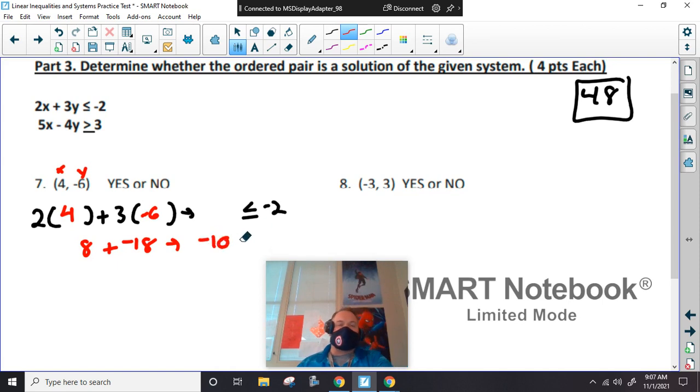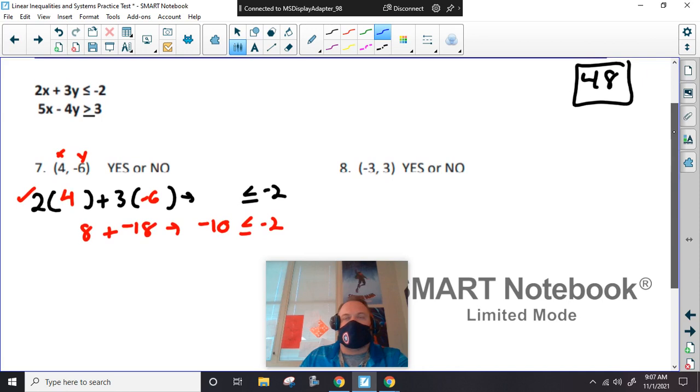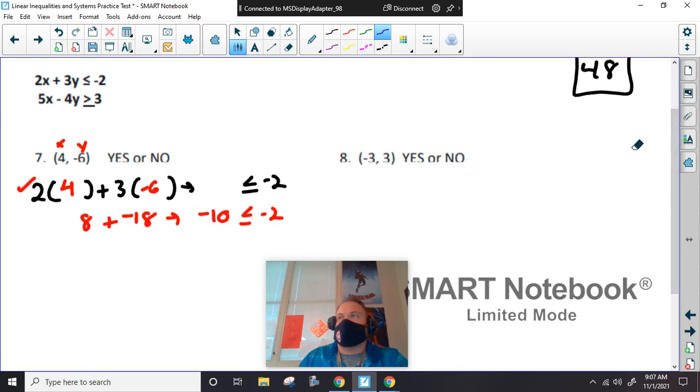All right. So negative 10 is less than or equal to negative 2. So this one works for the first one. So now we got to check the second one. I'm going a little fast. I mean, y'all have had 8 problems in like 50 minutes to do this. 2 times 4 is 8. 3 times negative 6 is negative 18. 8 plus negative 18 is negative 10.